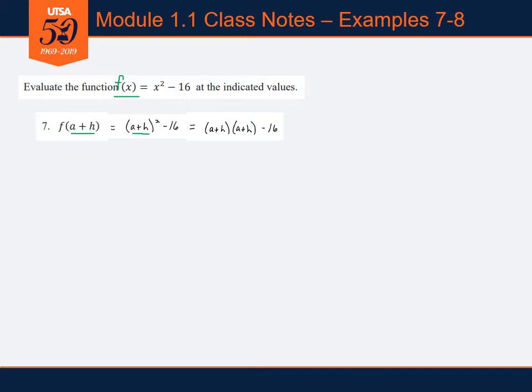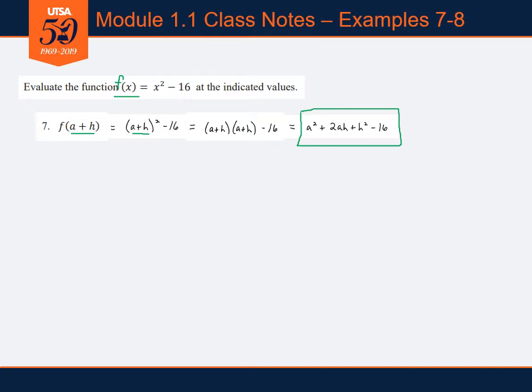First times first is a squared, outside is ah, inside is ah, and last is h squared, so that correctly you get a squared plus 2ah plus h squared minus 16. From there are no like terms to combine, no more operations to perform. So that is, as complicated as that answer is, that is the answer, because I can't simplify it any further.